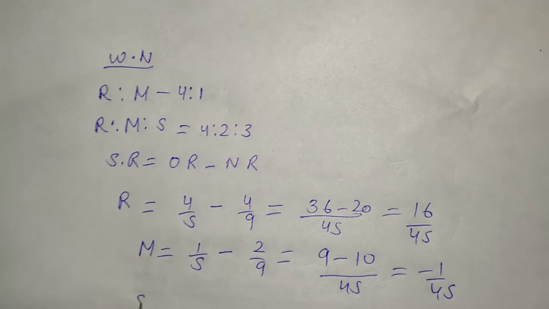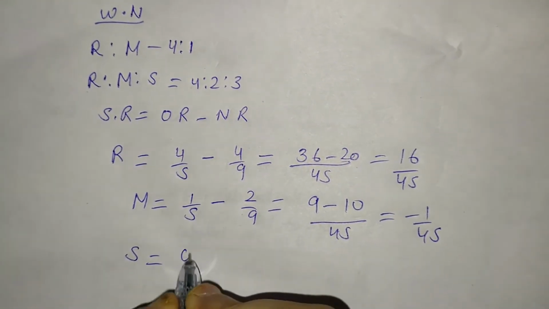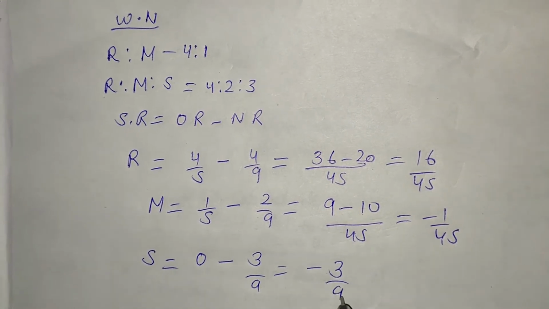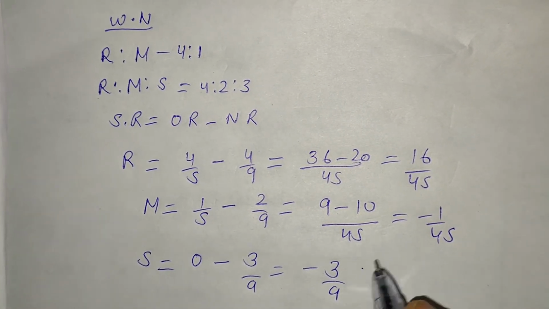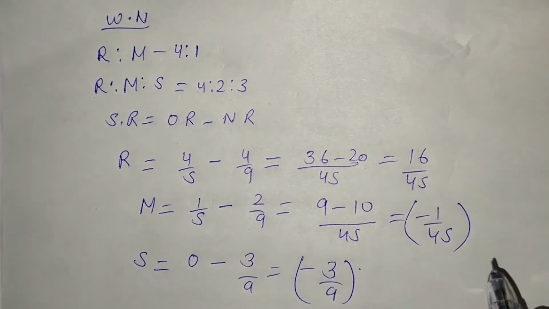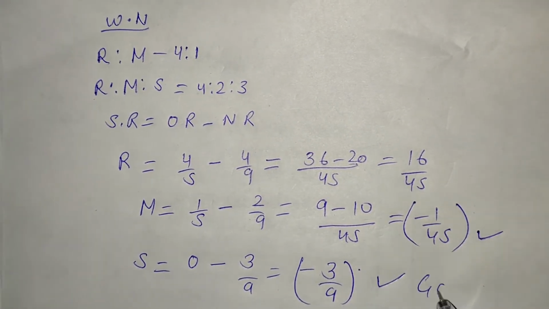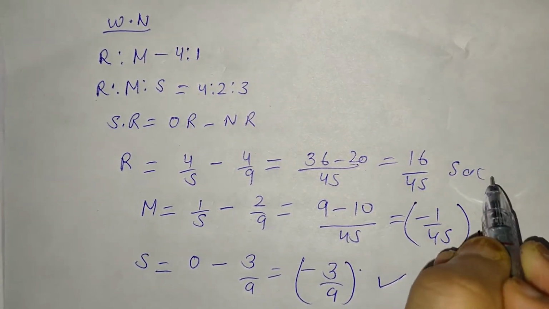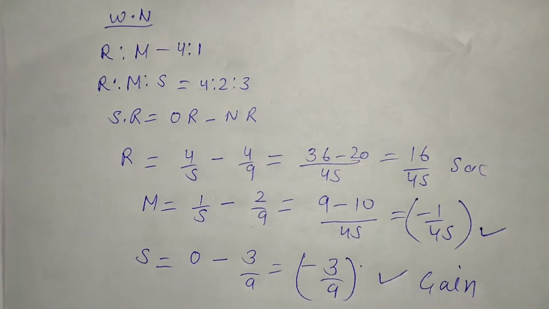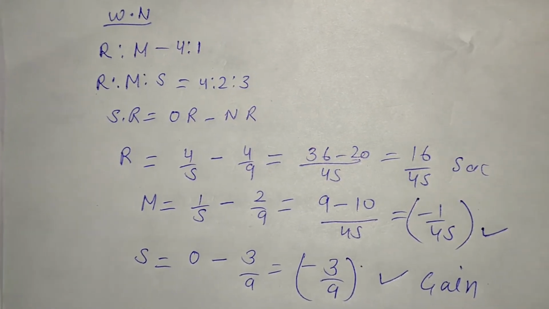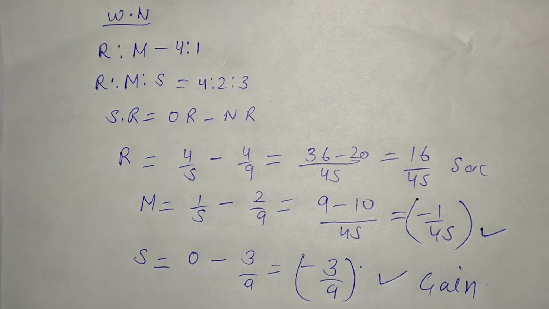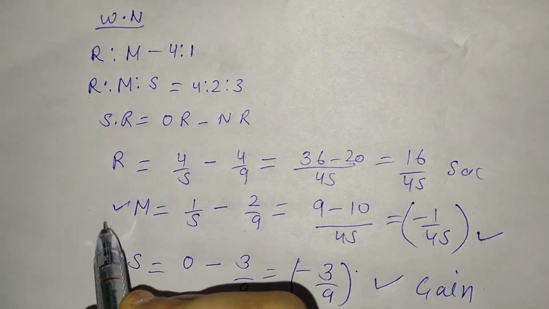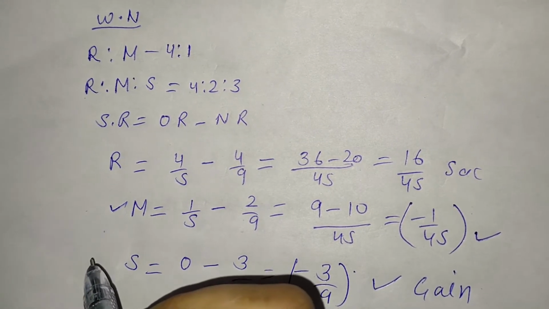Now the third partner is Sohan, and what is the old share of Sohan? 0 minus 3/9, so we get minus 3/9. So here two balances are negative. A negative balance shows gain and a positive balance shows sacrifice. So when the new partner Sohan comes into the business, there are two old partners, Ram and Mohan, but only Ram sacrifices, not Mohan. The gaining partner is always debited.